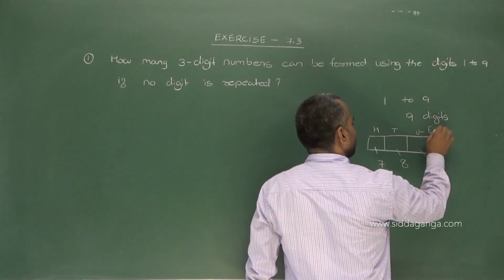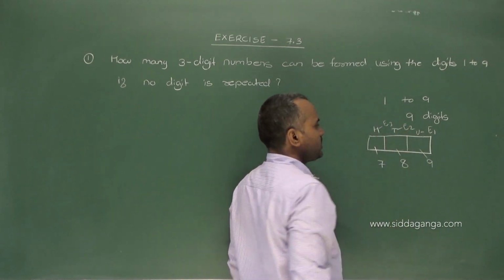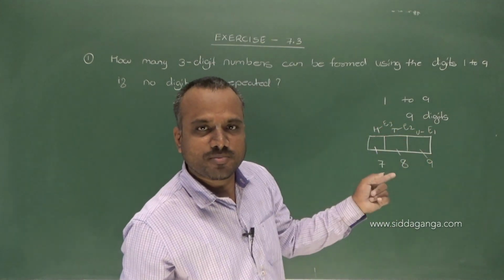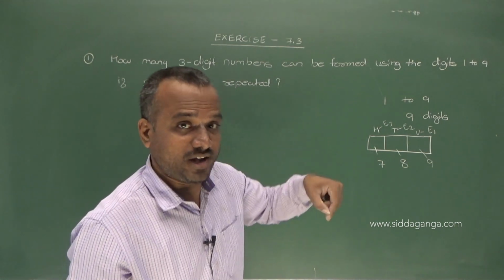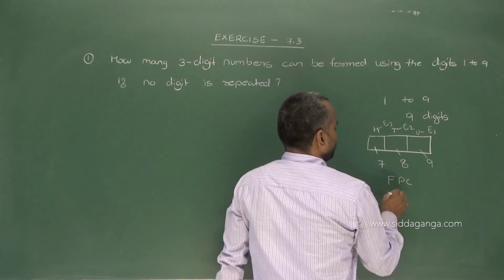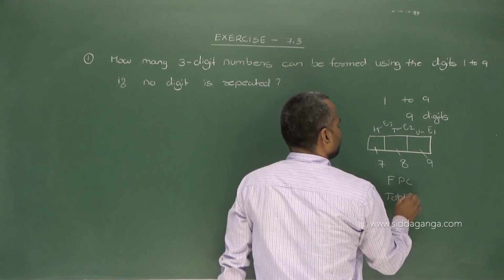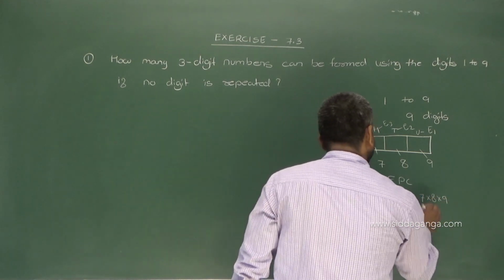So these are all the events. This is E1, this is E2, this is E3. E2 depends upon E1, and E3 depends upon E2 and E1. All these three events are not independent. They are dependent. So by the fundamental principle of counting, total number is 7 into 8 into 9. Calculate.